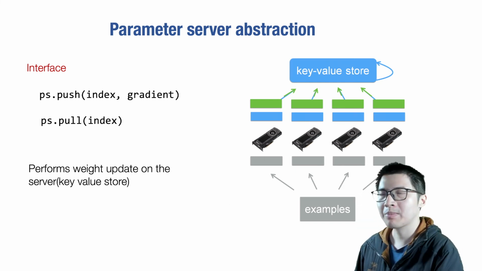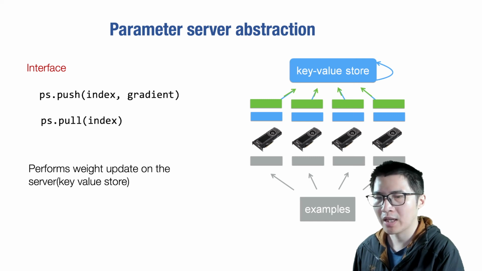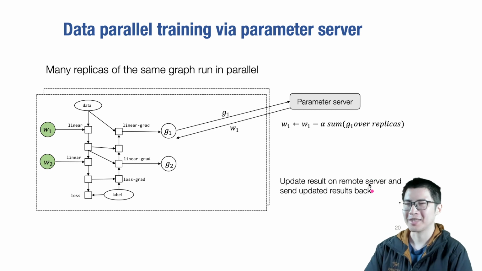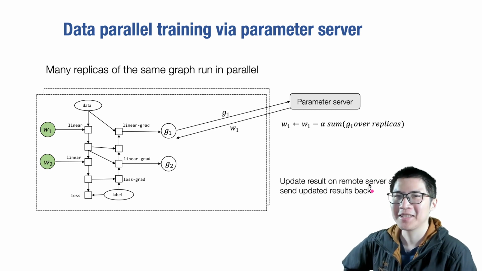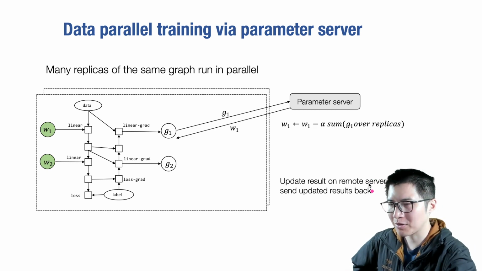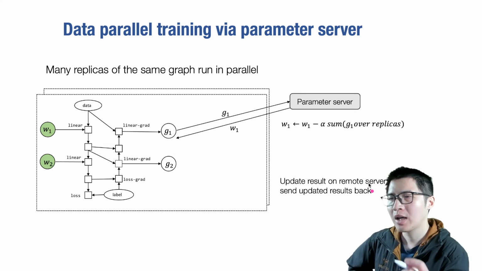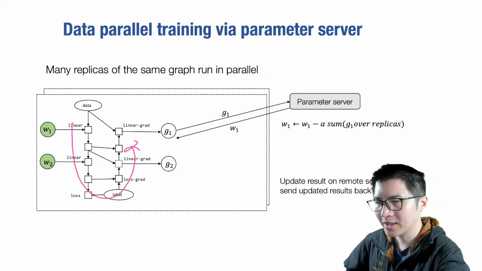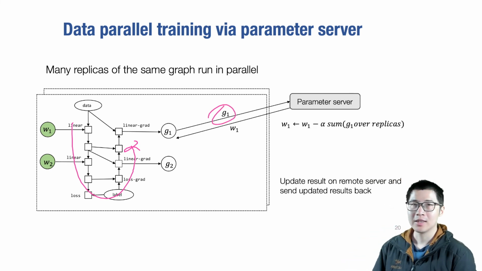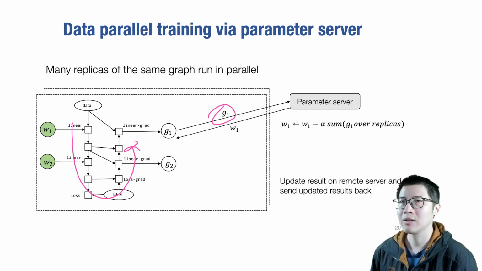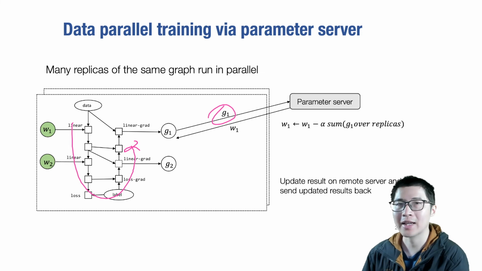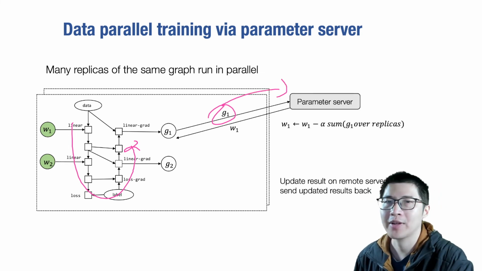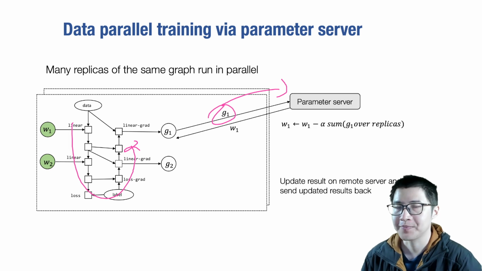So how can we use the parameter server abstraction to do data parallel training? Well, it's very similar to Allreduce training. We will still run the same replicas across different workers, and we're going to get the gradient. The only difference is that instead of doing Allreduce and getting the sum of gradient values back, we're going to directly send the gradient value to the parameter server.